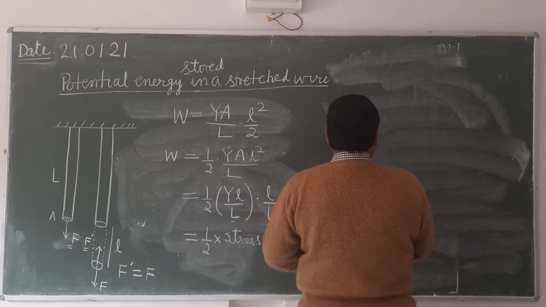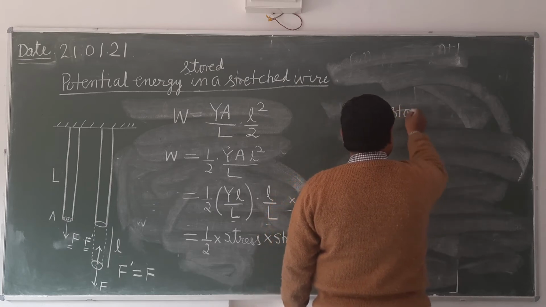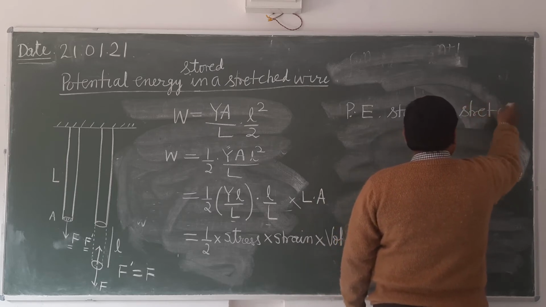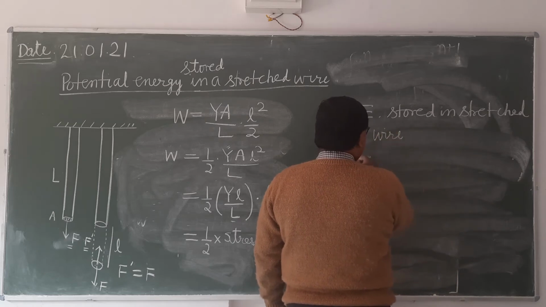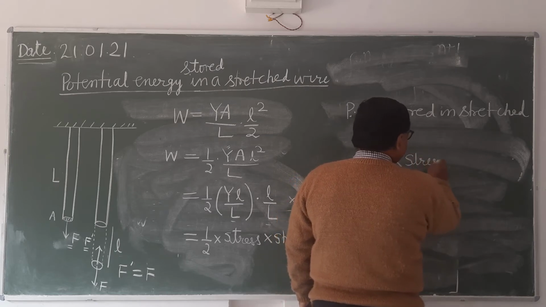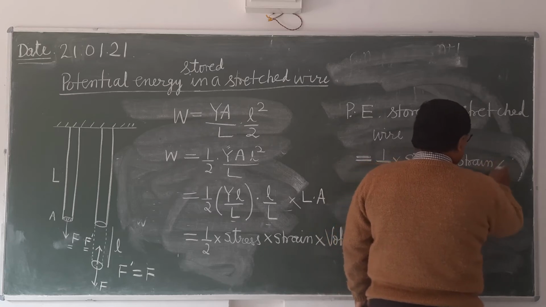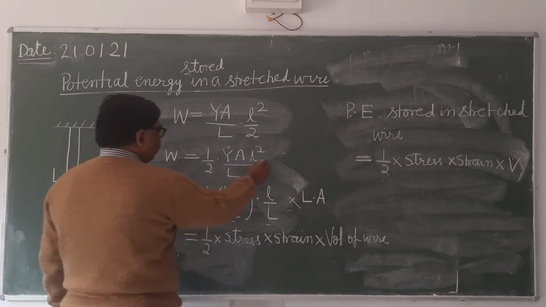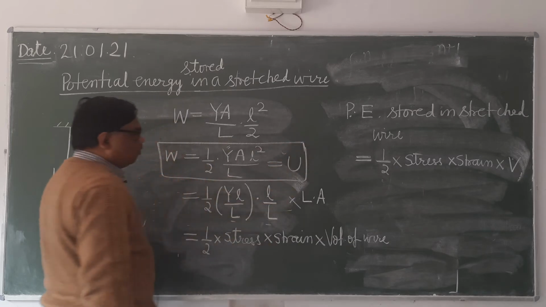You write down: potential energy stored in the stretched wire will be equal to 1 upon 2 stress into strain into volume of wire V. We will remember it in this form also, in terms of the volume of wire.